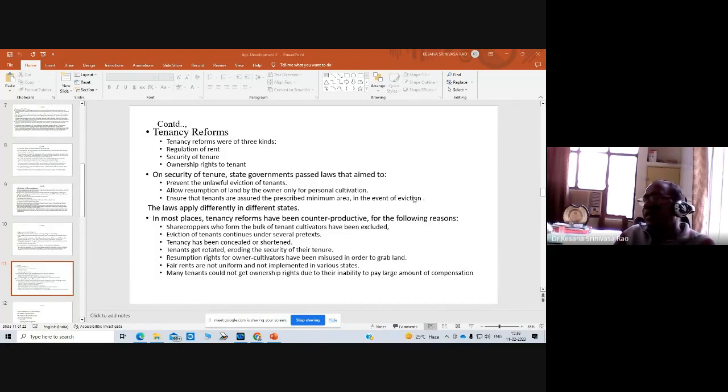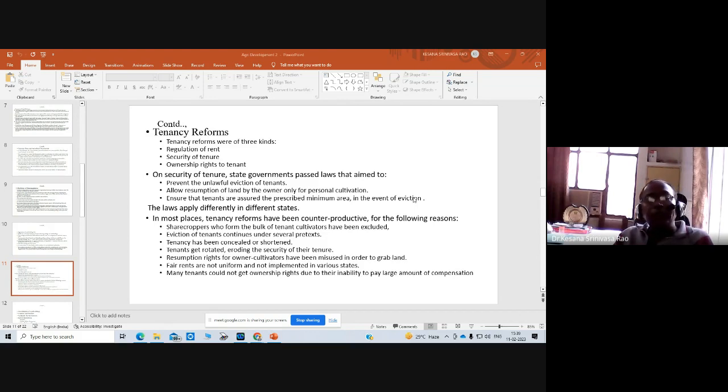Ownership rights to tenant: they are trying to implement this type of law in several places, but in very few places have these things taken place. In the majority of places this process has not become successful. In that way the implementation of tenancy reforms is still in the doldrums, I can say.